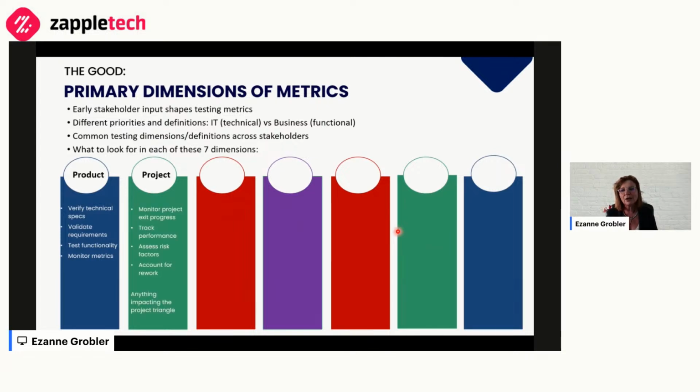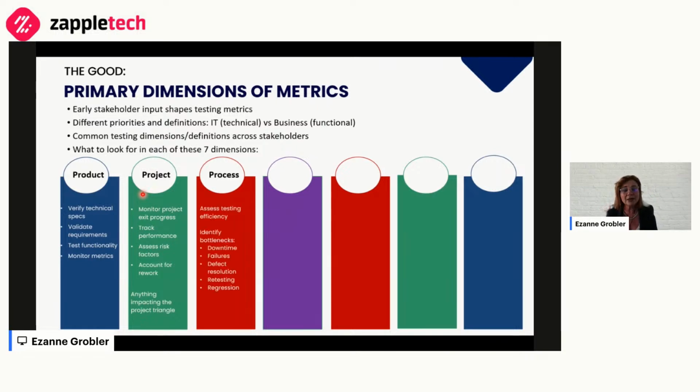Your project, where you track your performance, you monitor it against exit criteria, you assess certain risk factors, and you account for the rework. So anything here related to the project triangle is pretty much your project metrics.